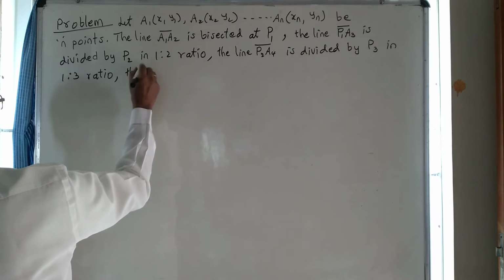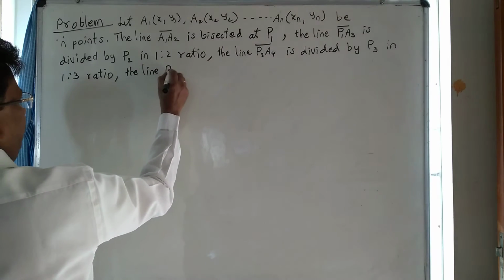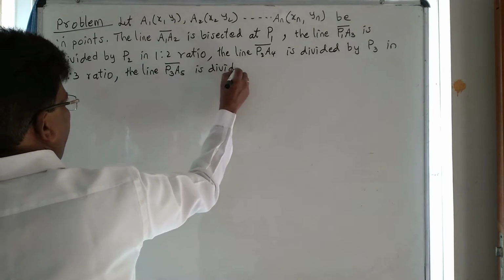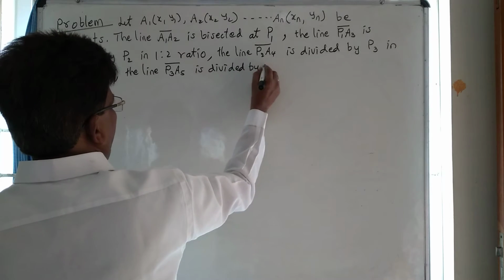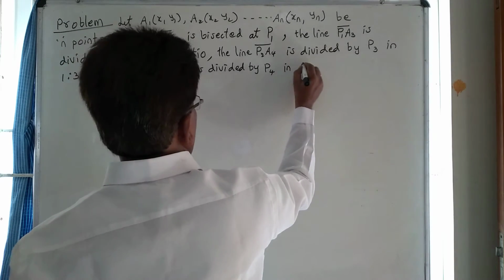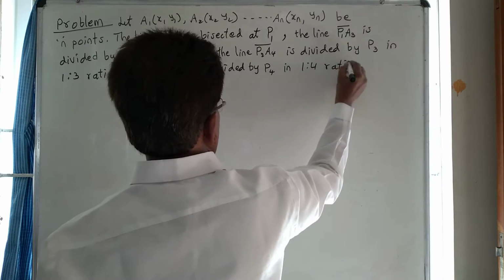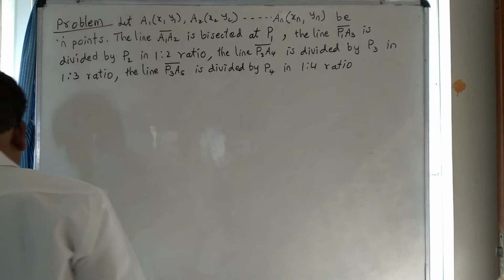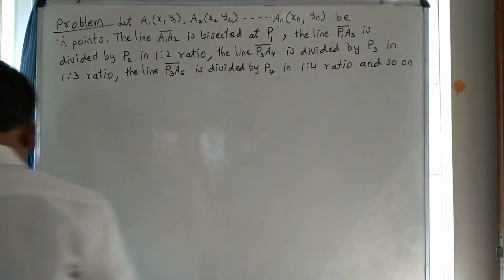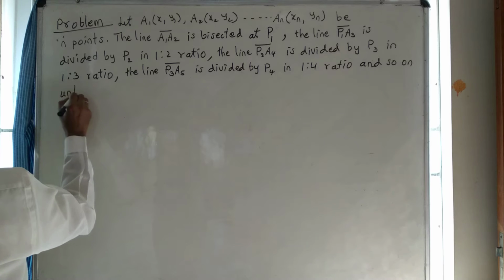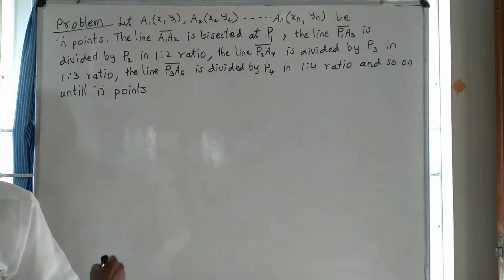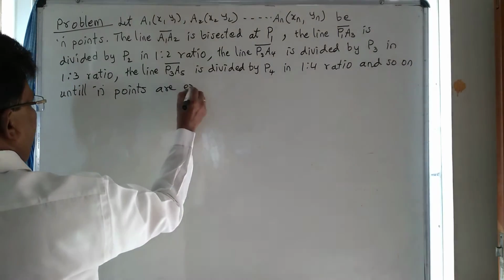The line P3 A5 is divided by the point P4 in the ratio 1:4, and so on, until the n points are exhausted.